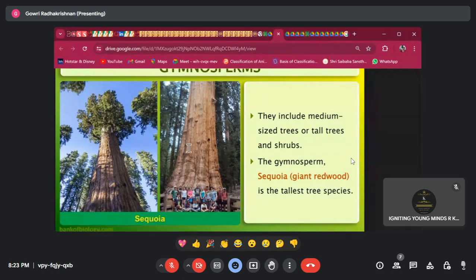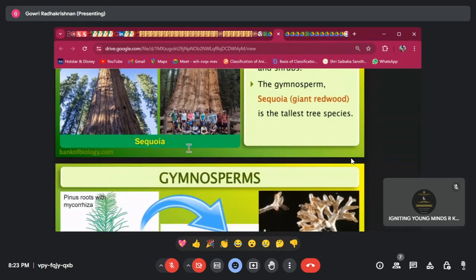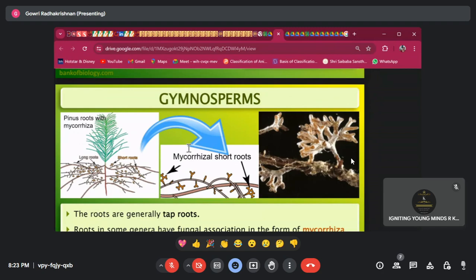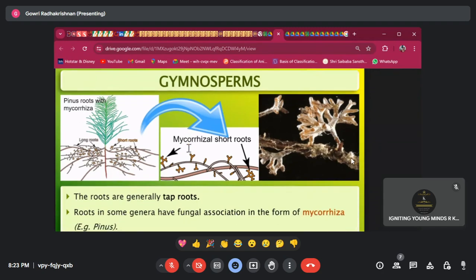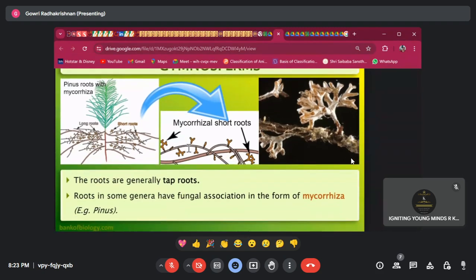Now gymnosperms include medium-sized trees, tall trees and shrubs. The gymnosperm Sequoia, giant redwood, is the tallest tree species. The roots are generally tap roots.